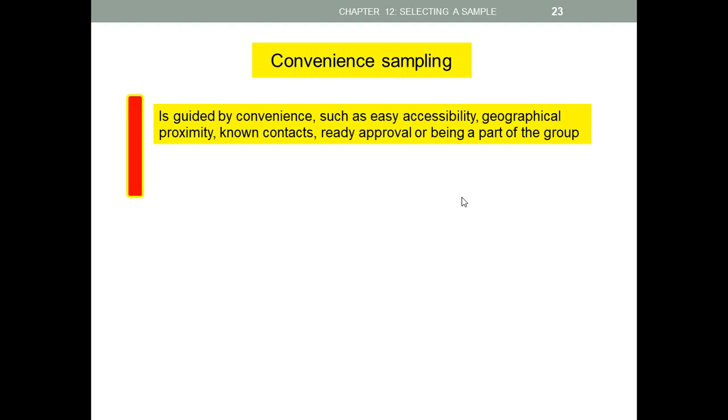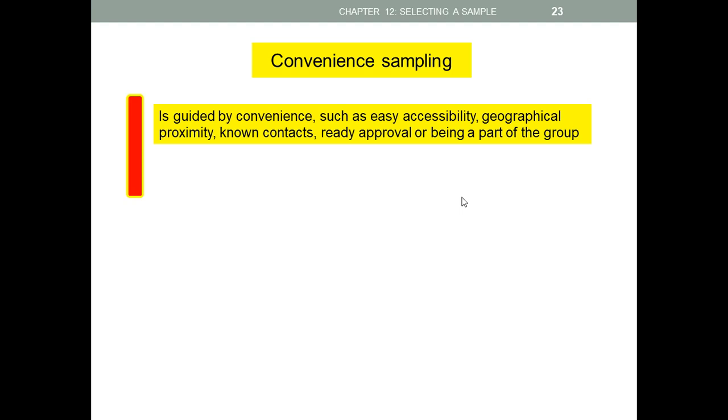That could be a reason for a researcher to use convenience sampling because of ready approval by the gatekeeper, or the researcher is a part of the group. Sometimes I learned that one or two of my supervisees select his or her workplace or his or her school as the research site, as the research setting. And I asked why that school? And the answer was that I'm working over there.